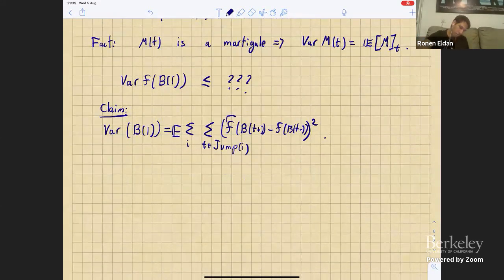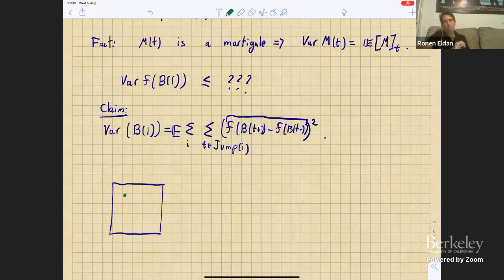If we look at this thing, what is the difference between those values of f? Suppose our process b_t was at this point. When it jumps, almost surely it only jumps in one coordinate at each time. So we basically compare the value of f here to the value of f here.